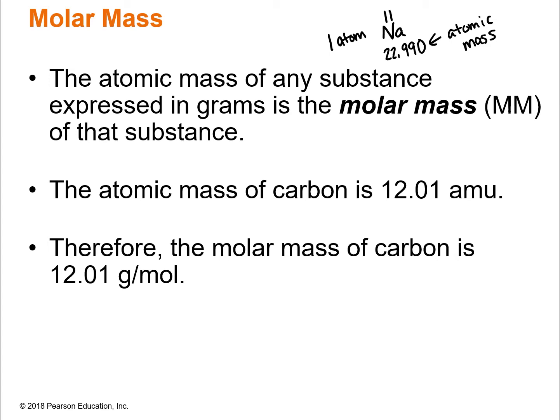But what if we had 1 mole of sodium? Now we're talking about the molar mass, which is the mass of 1 mole of a substance. The molar mass for sodium, you would take the number that's on the periodic table and express it in grams per mole.